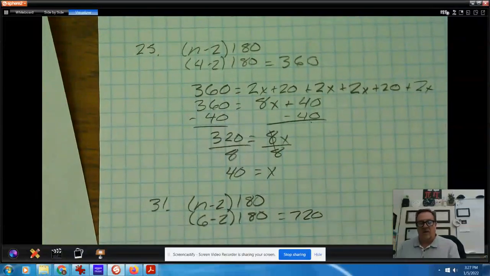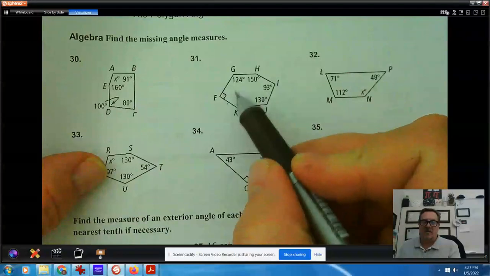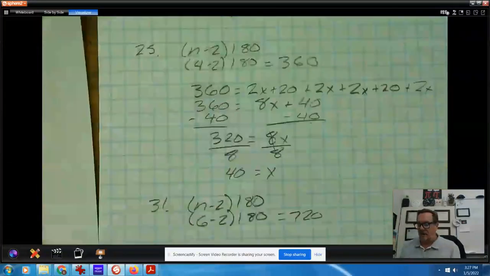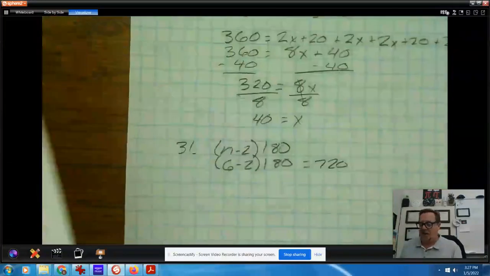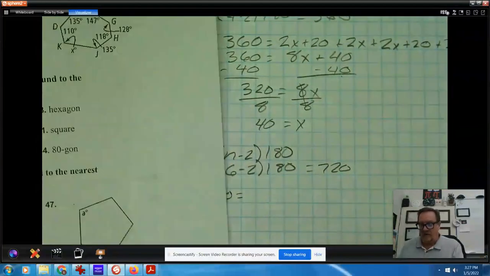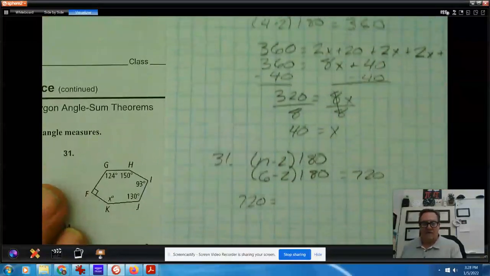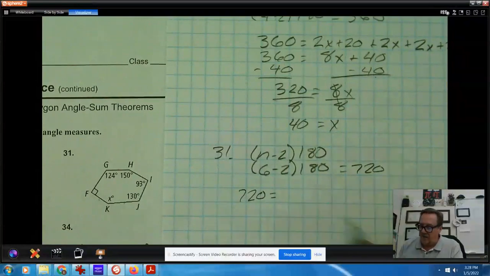So now I know if I added all the angle measures together, they'd be equal to 720. In other words, 720 is equal to, now let's see if we can slide these together.